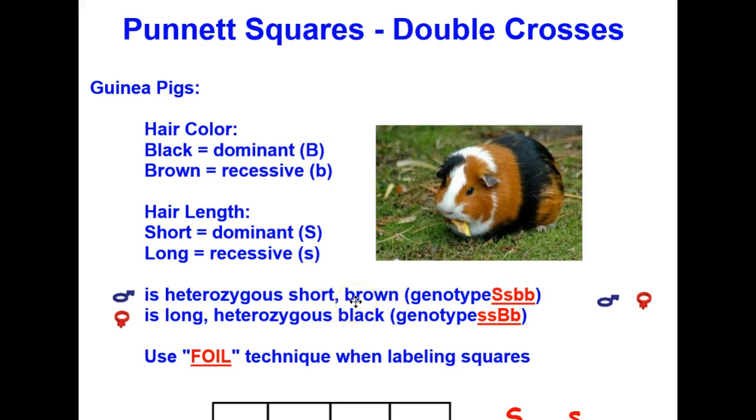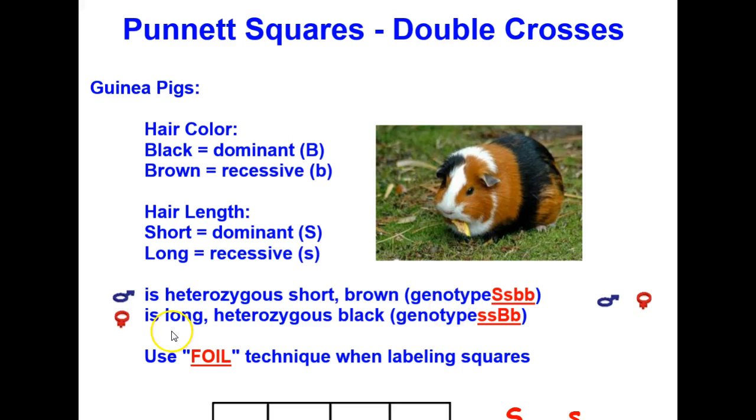For brown, the only way for the guinea pig to be brown is if it had both recessive alleles for that trait. So we have the little b is for brown, and so we see the genotype for brown, little b, little b. So overall, heterozygous short brown would be big S, little s, little b, little b.